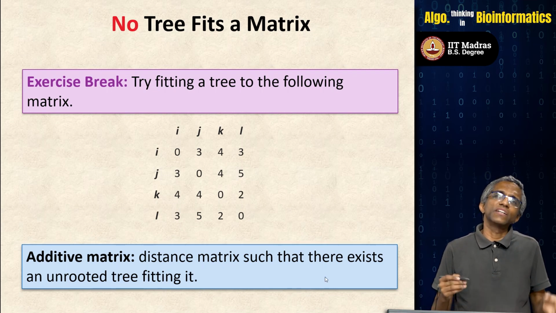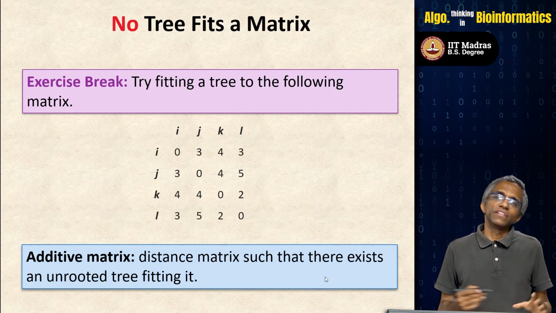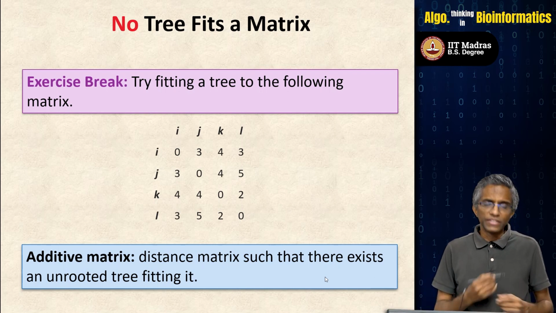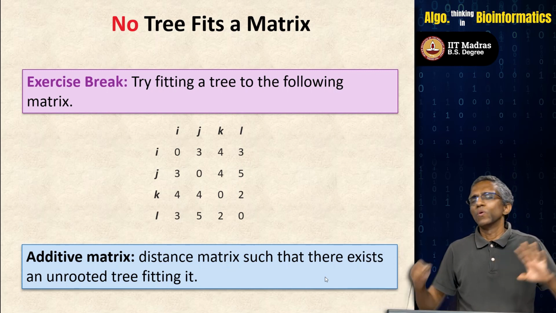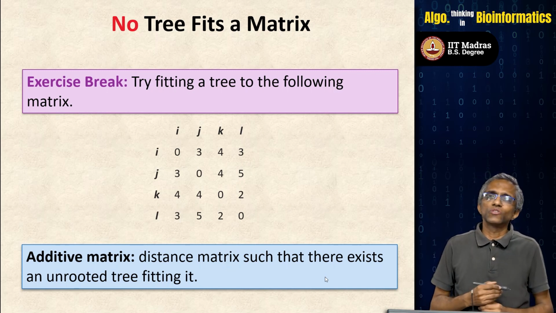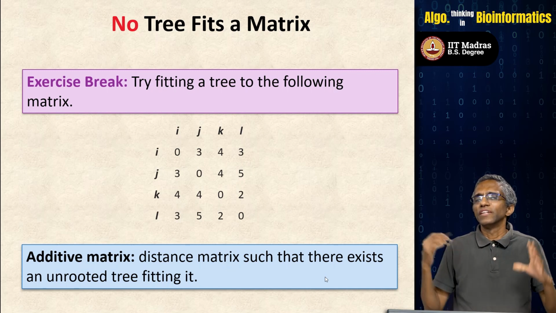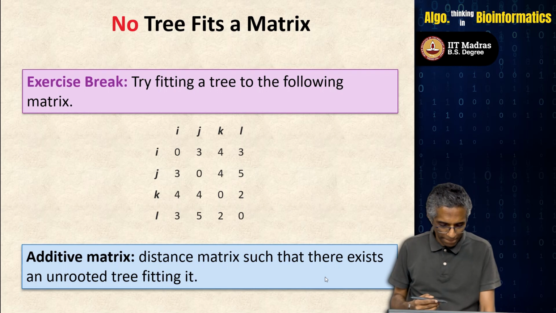If you have a distance matrix and there is an unrooted tree that fits it, then that is called an additive matrix. If there is a distance matrix and no tree, however hard you try, all possible trees, all possible edge weights and so on, and none of that will fit this particular distance matrix, then those distance matrices are called non-additive distance matrices.